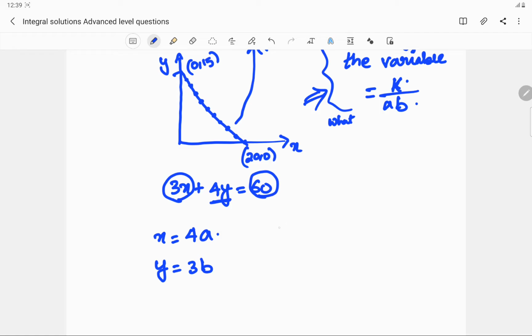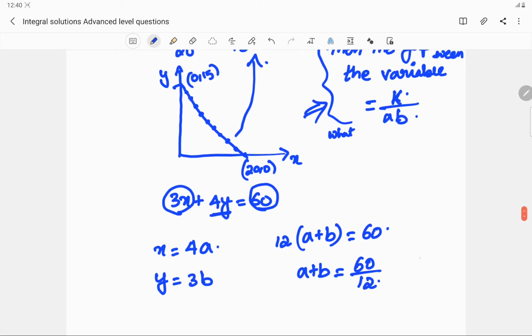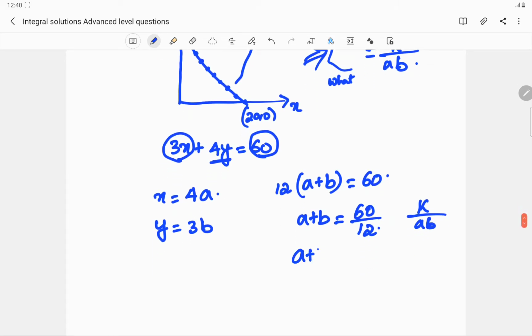Now put the values of x and y in this equation. We are going to get 12 times (a plus b) is equal to 60. Now a plus b will be 60 divided by 12, which is nothing but k divided by a into b. So after simplification it will be a plus b is equal to 5.